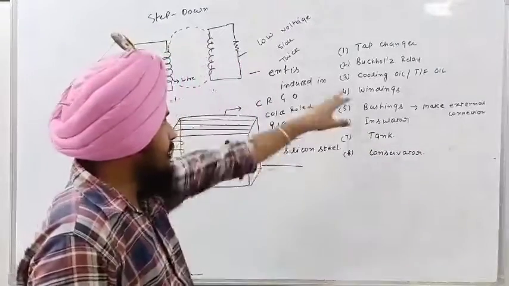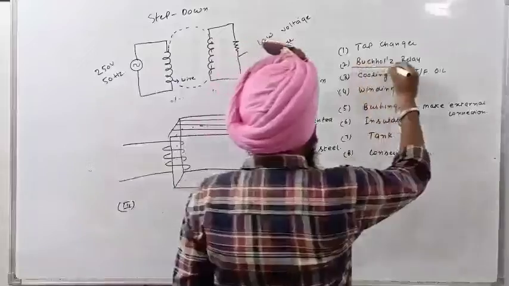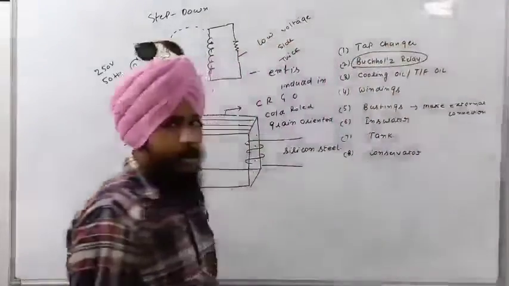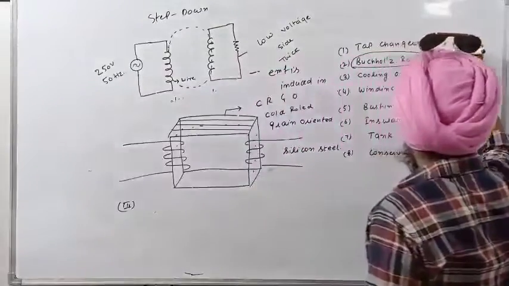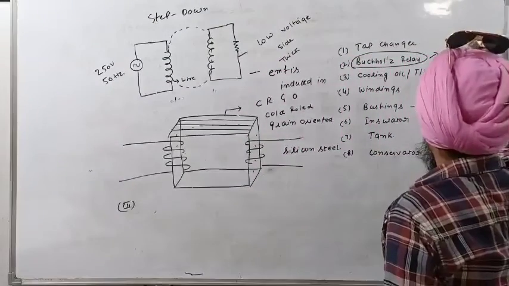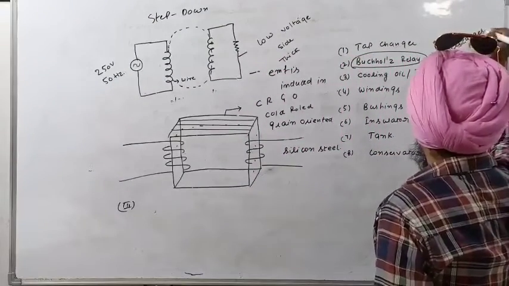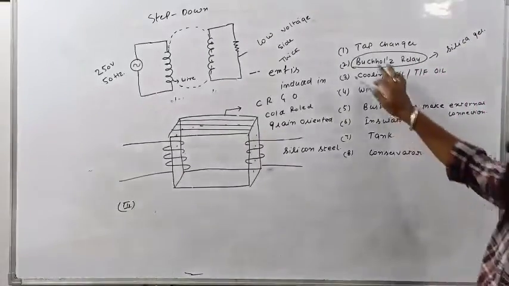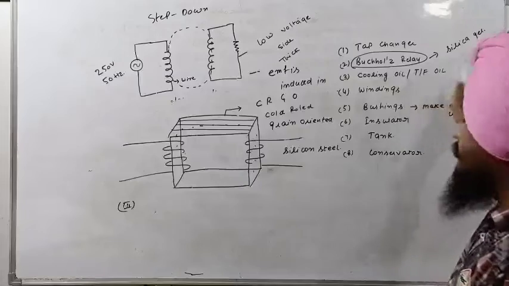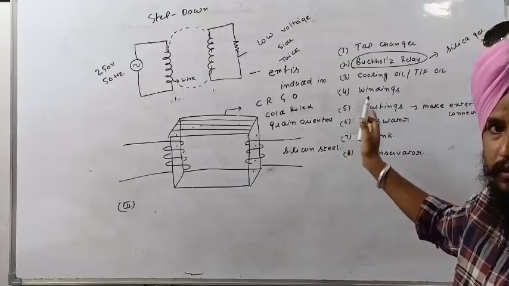The main safety device in the transformer is the Buchholz relay. In the relay, we keep silica gel. What is the task of silica gel? Silica gel absorbs the moisture in the transformer oil.